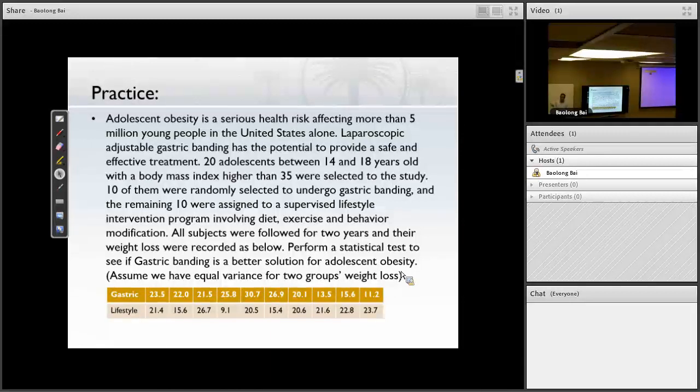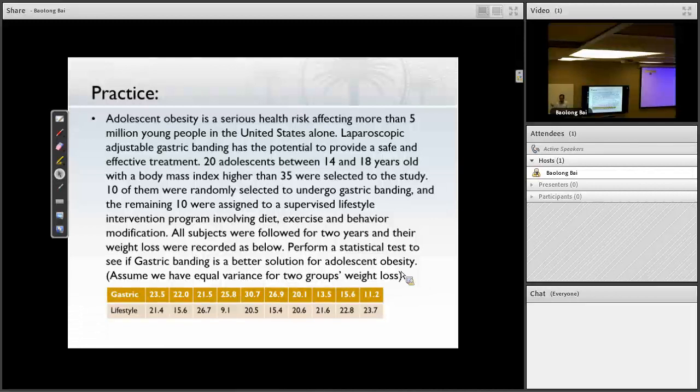That's a surgery that has the potential to provide a safe and effective treatment. 20 adolescents between 14 and 18 years old with a BMI higher than 35 were selected in the study. 10 of them were randomly selected to undergo gastric binding, and the other 10 were assigned to a lifestyle intervention program, which involves diet, exercise, and behavior modification.